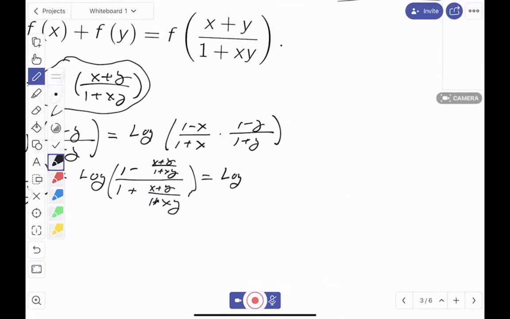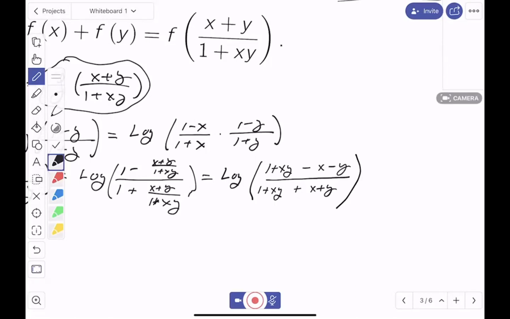Log. All right, what do you get in the bottom? You would get 1 plus xy plus x plus y. I'm multiplying top and bottom by the LCD. Top would be 1 plus xy minus x minus y.